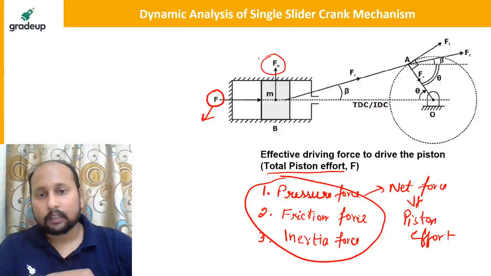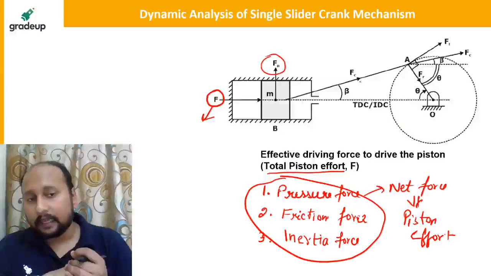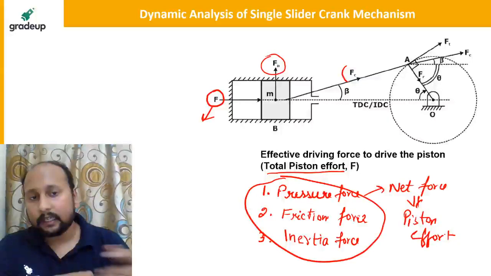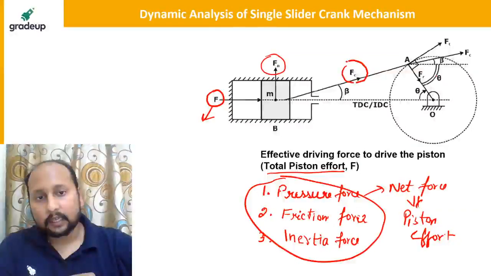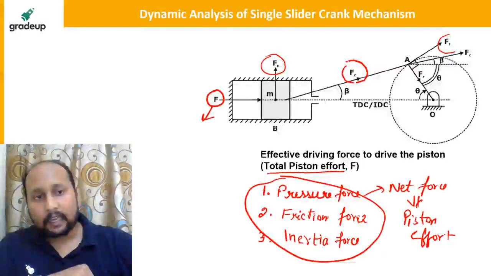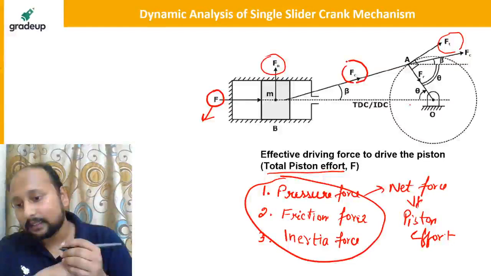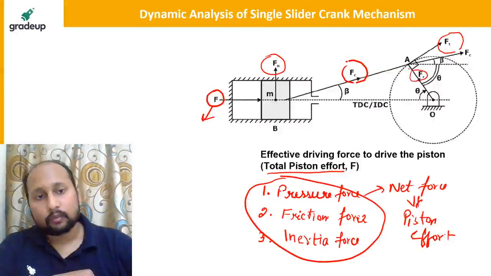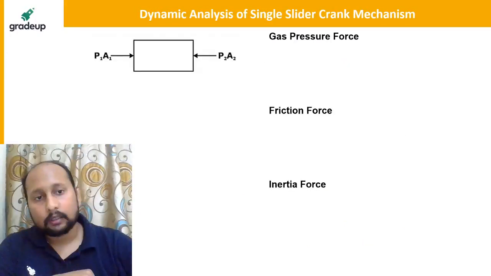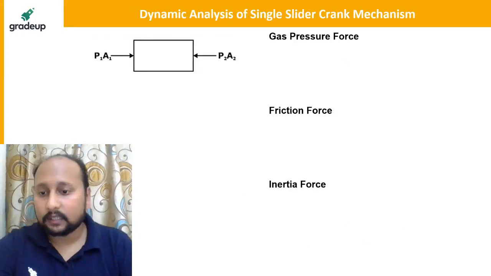Fc is the force along the connecting rod. Next is Ft. Ft is the tangential force, also known as crank effort. We'll be discussing that in detail. And the fifth force will be the radial force along the crank. So these are the different forces which are acting on the piston.